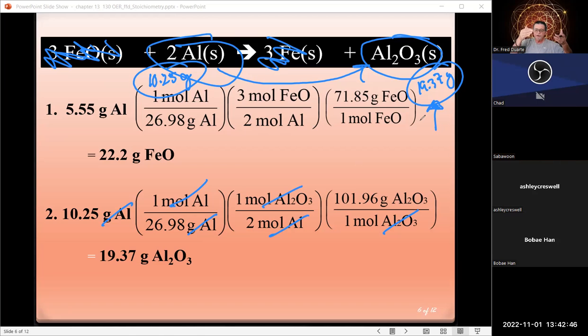So the actual yield divided by the calculated yield times 100 gives you a percent yield. And you strive to get to 100%, but very rarely in a real reaction do you actually get close to 100%. And if you get over 100%, then that means you created matter, and that's not the case. It generally means that your material needs to be cleaned up a little bit more.